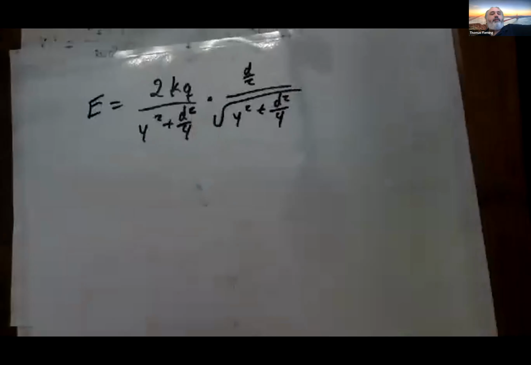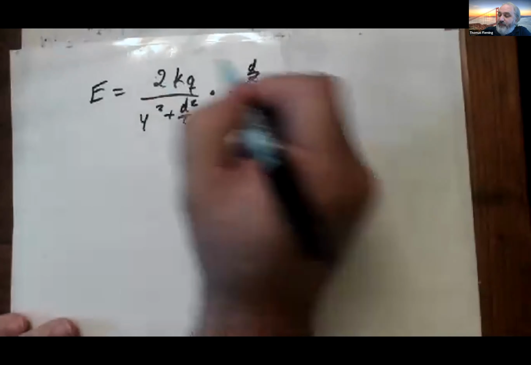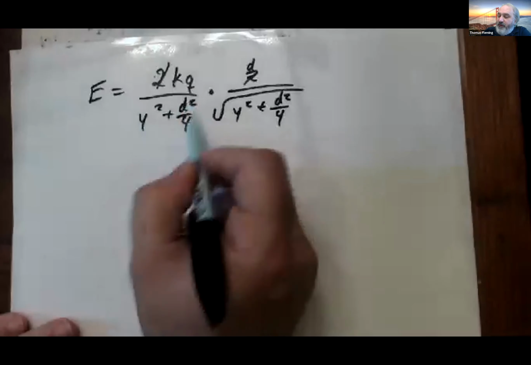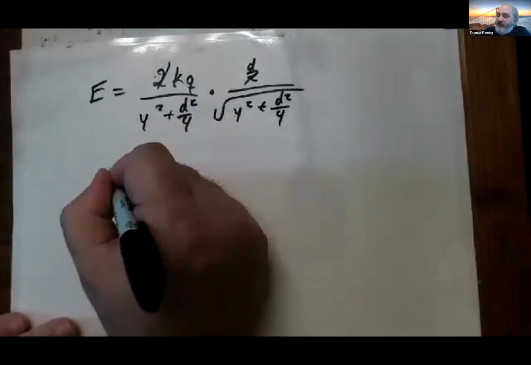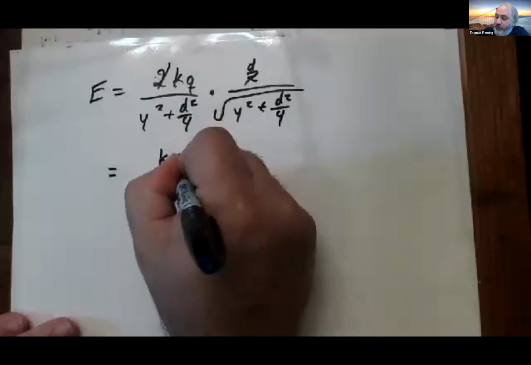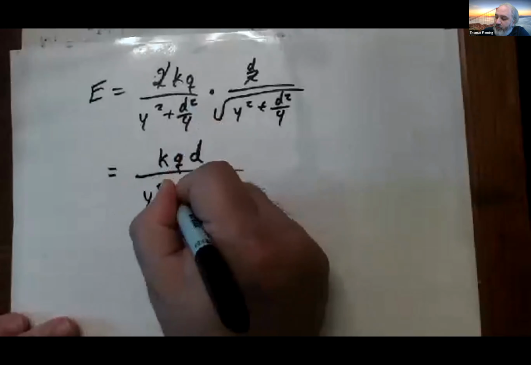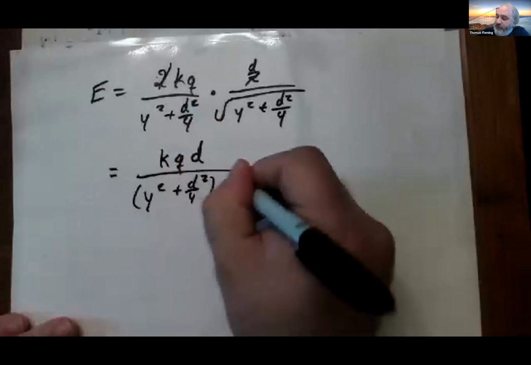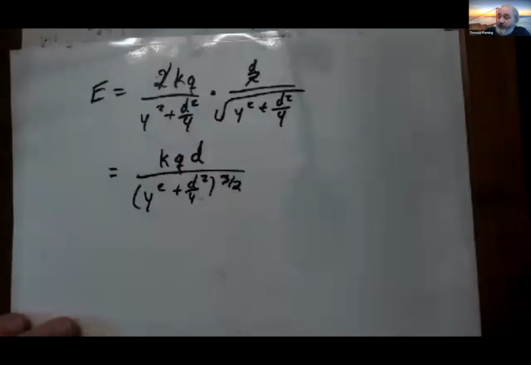Oh, that's really ugly. Let's simplify the heck out of that. This 2 and that 1/2 cancel. And then here I have something multiplied by that same something, but square rooted. That's the same as taking that to the 3/2 power. So I've got k times q times d all over y squared plus d squared over 4 raised to the 3/2 power. So that's a little bit better.